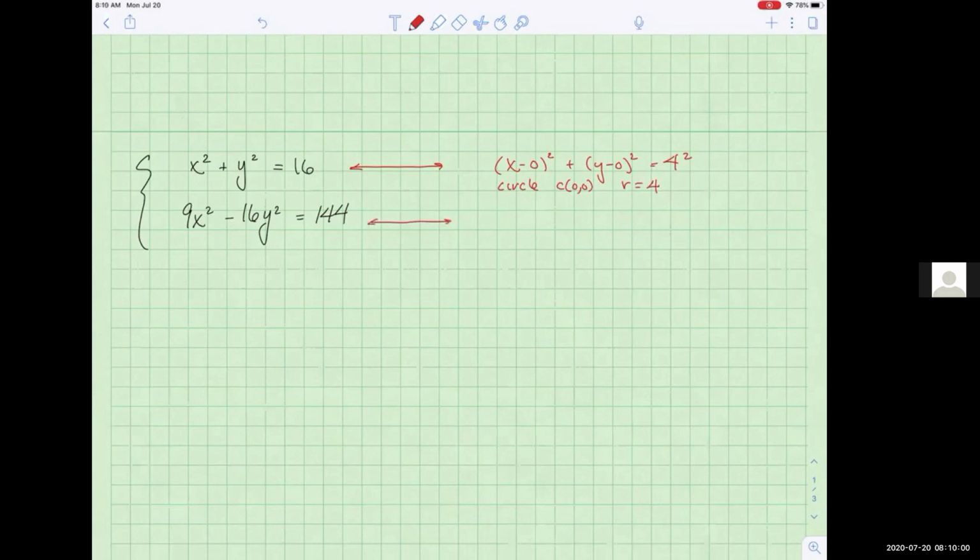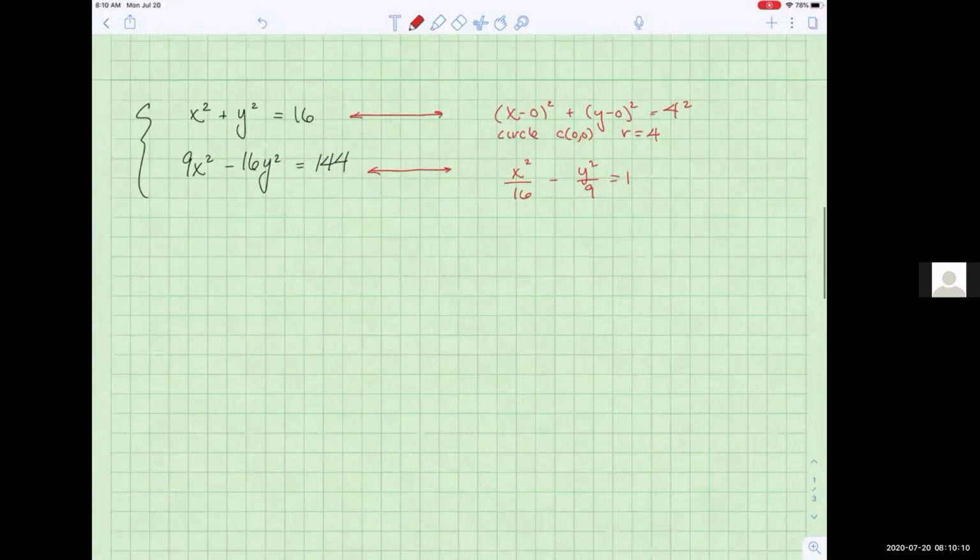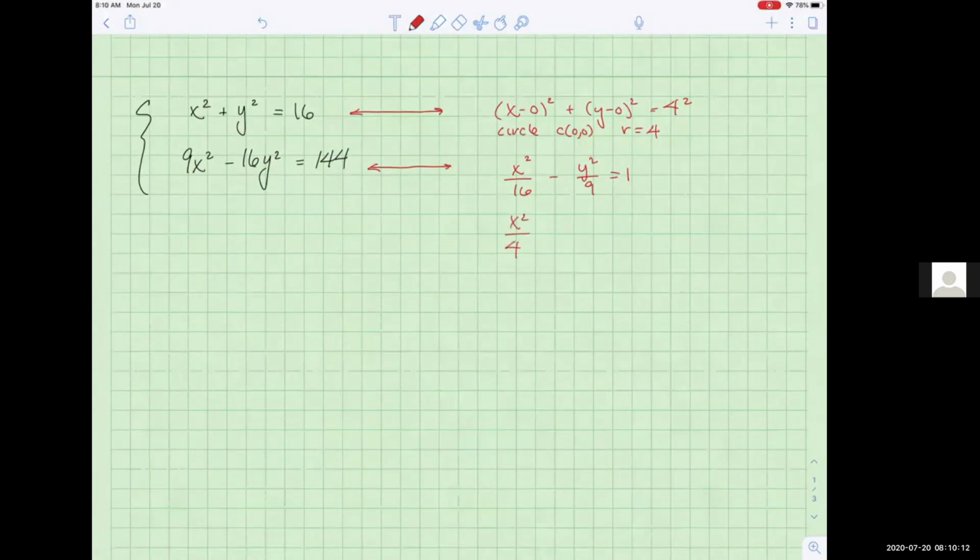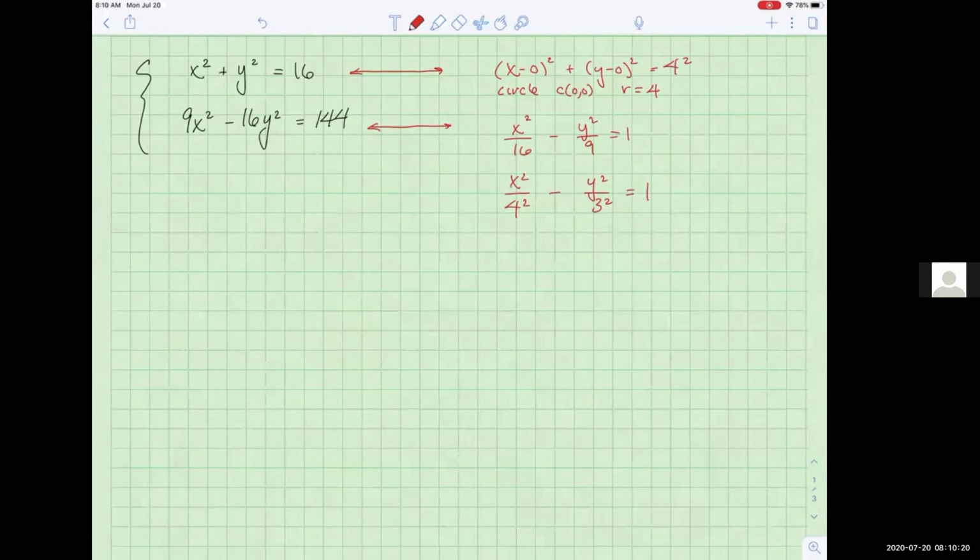Down below, if we divide both sides by 144, we get x squared over 16 minus y squared over 9 is equal to 1, or x squared over 4 squared minus y squared over 3 squared is equal to 1, and this is a hyperbola with center also at the origin.